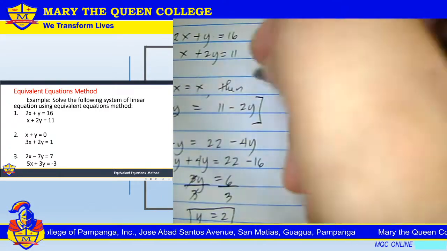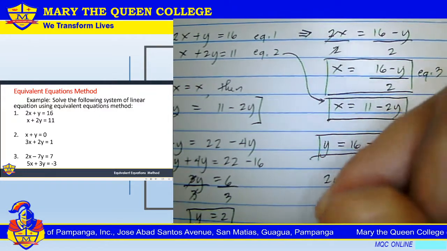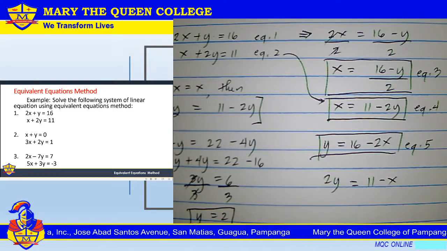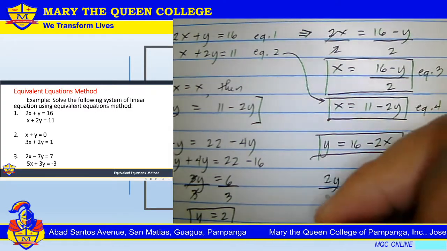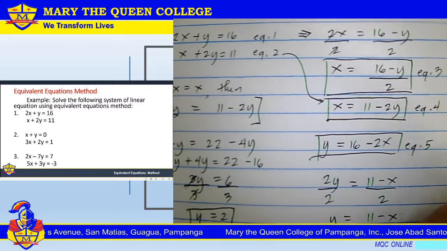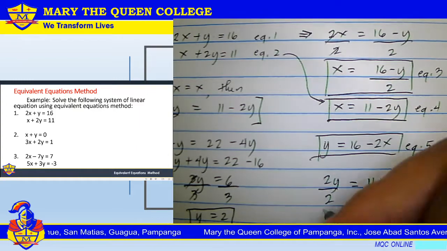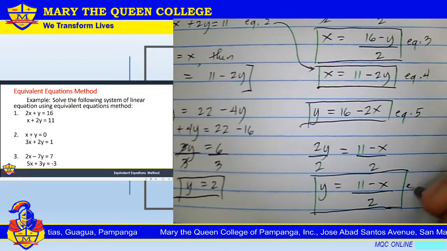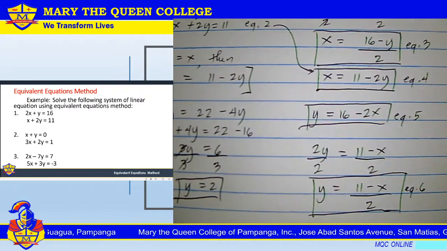Then, sa pangalawa, we have 2y is equal to 11 minus x, galing sa equation 2. Divide both sides by 2. So, y is equal to 11 minus x all over 2. So, this is our equation 6.